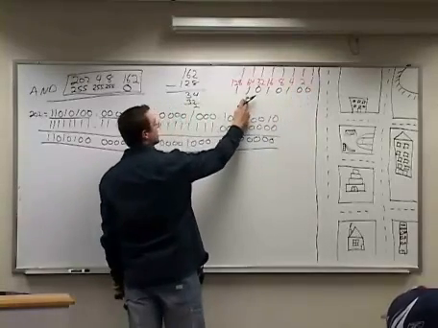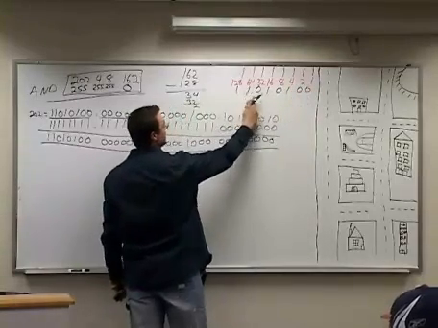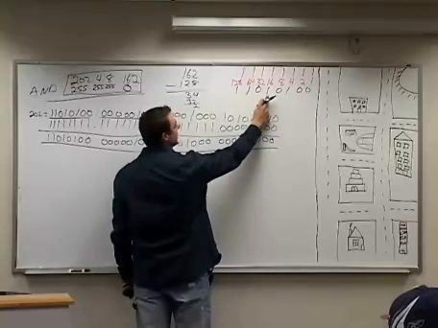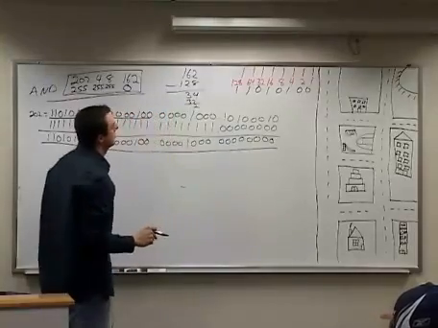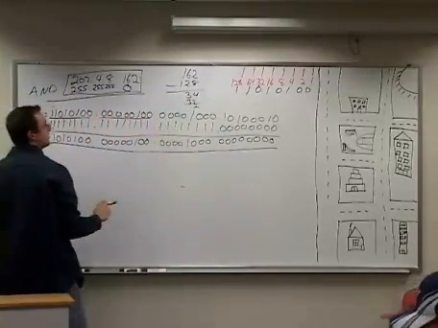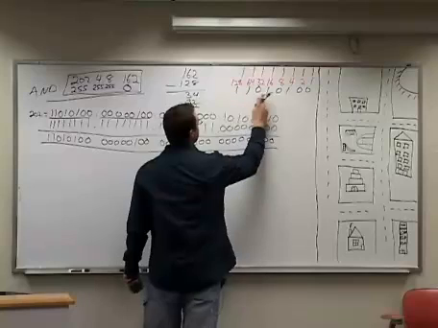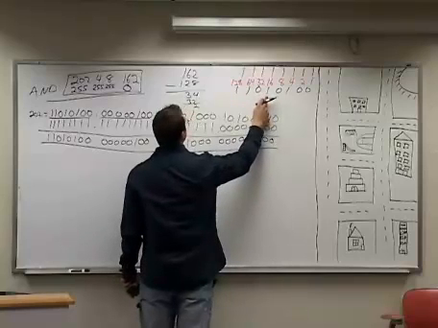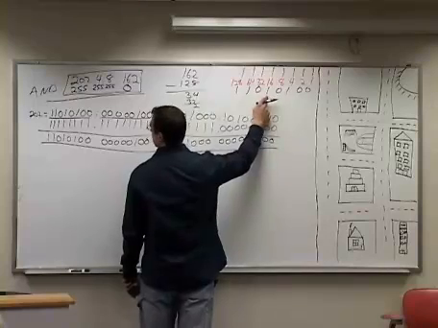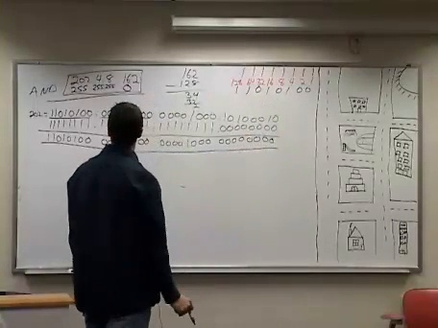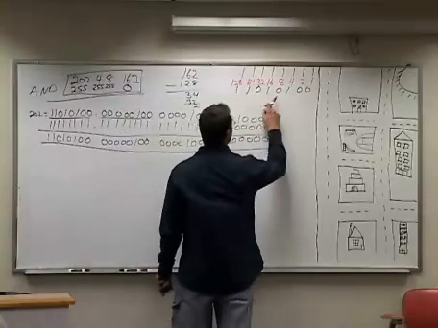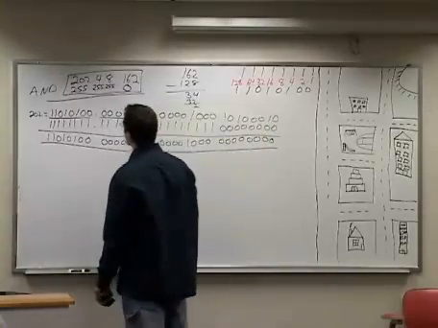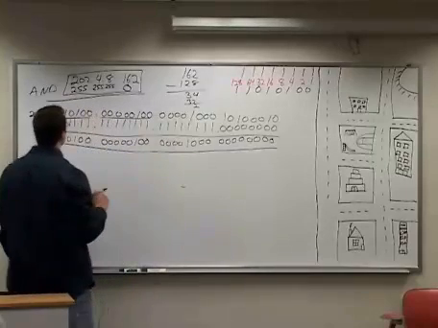A 128 and a 64 is 192, and a 16 is 208, and a 4 is... Wait, I was off, wasn't I? 192 and 16 is what? How come I'm so off with this? It's 192, that is 208, that's 212. I'm off here with this.